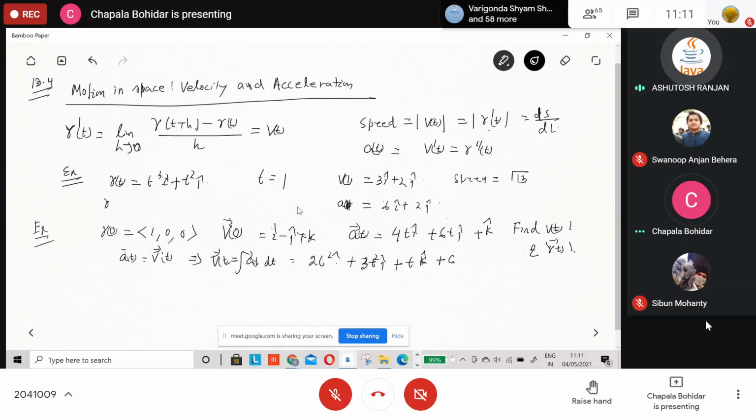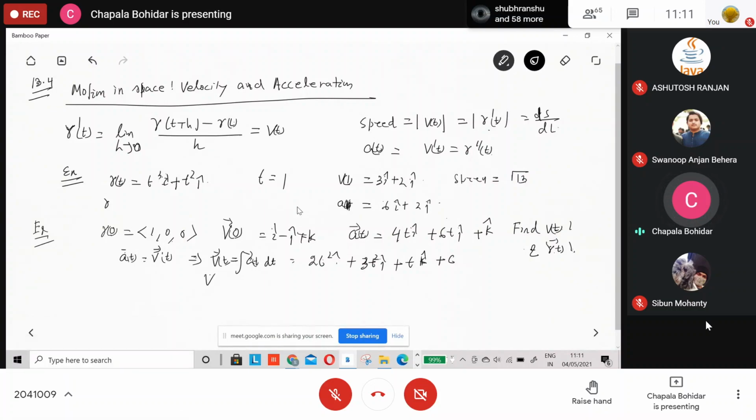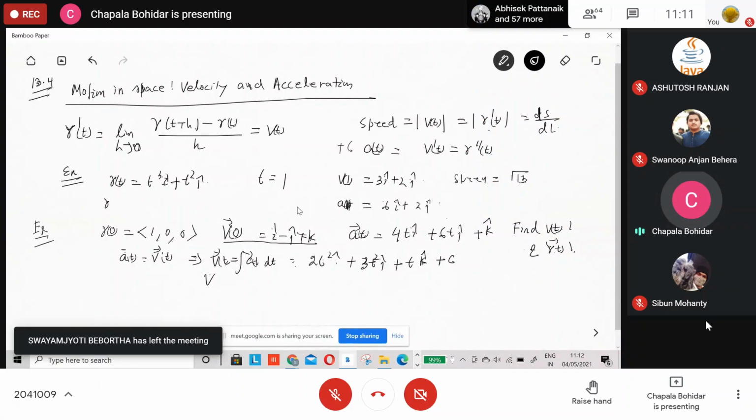C is a vector? No, c is any constant. When we integrate, indefinite integral, we must write plus constant, whatever the value you get.